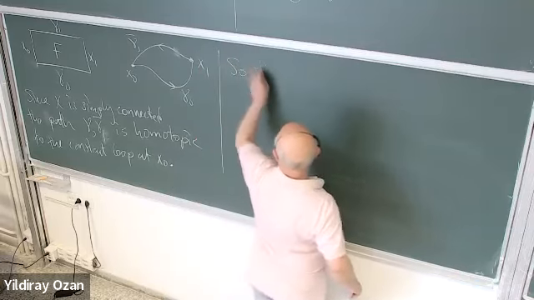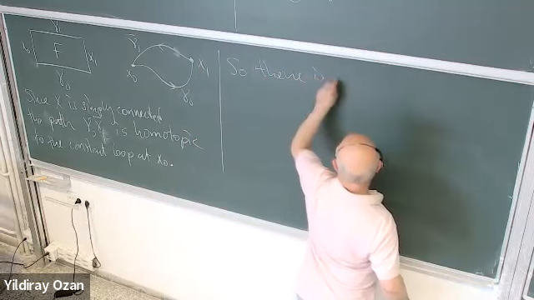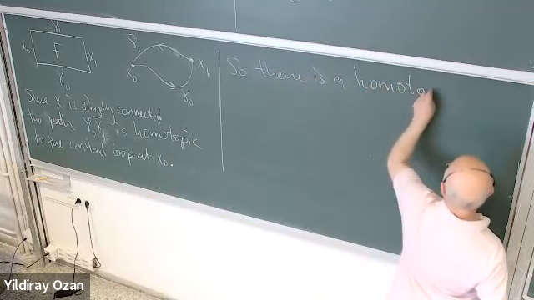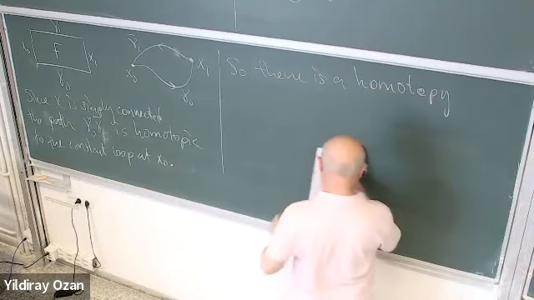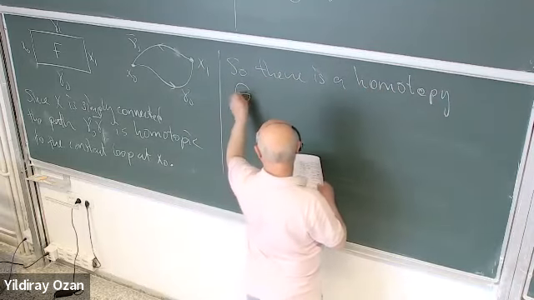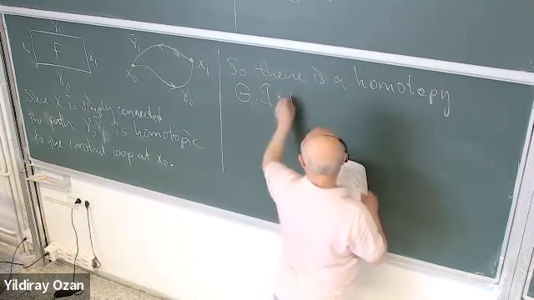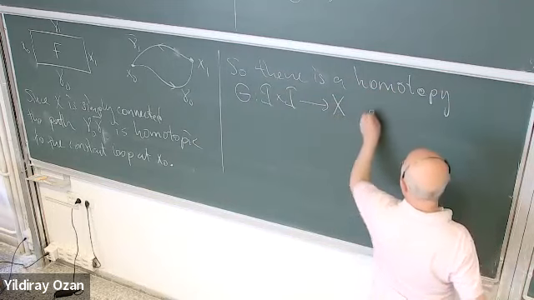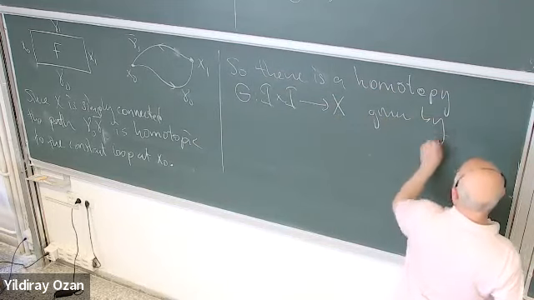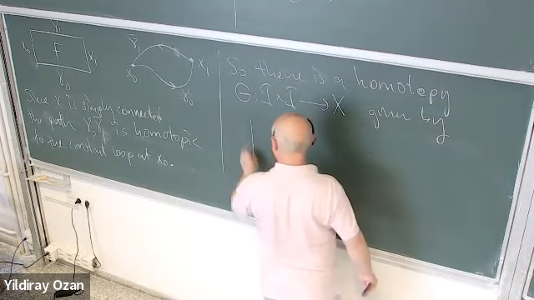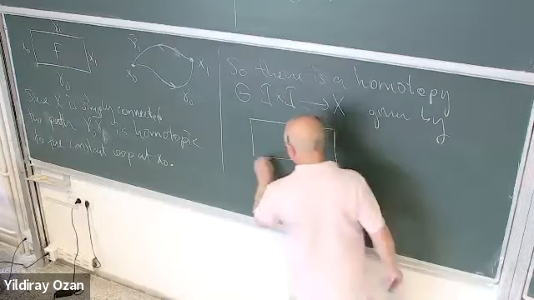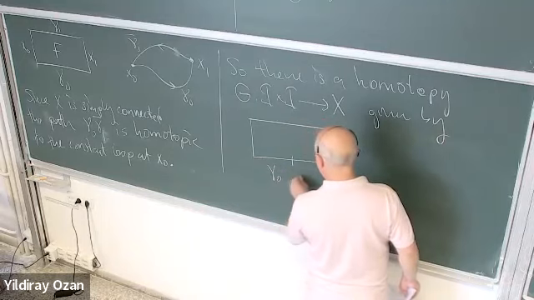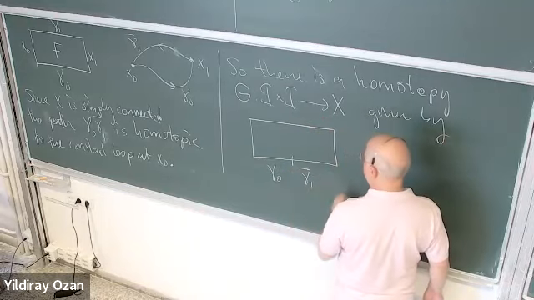So there is a homotopy G from I cross I into X, given by a diagram like this. Here it is first gamma 0 and then gamma 1 bar.